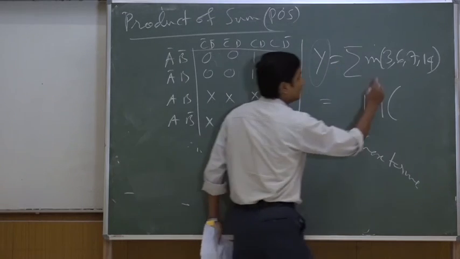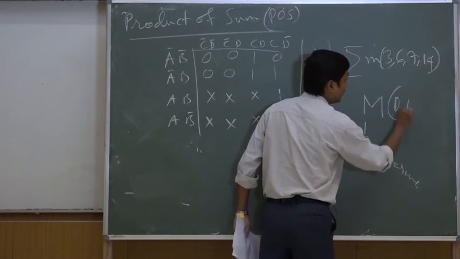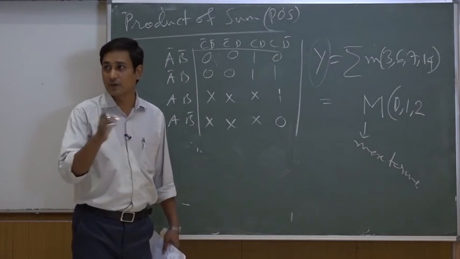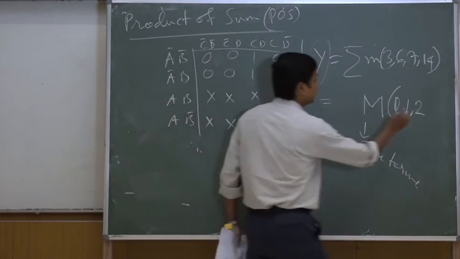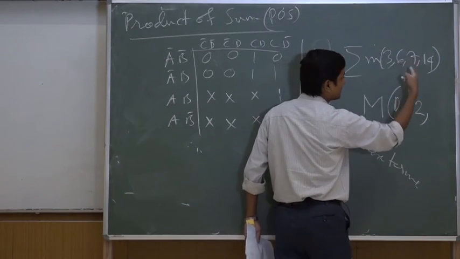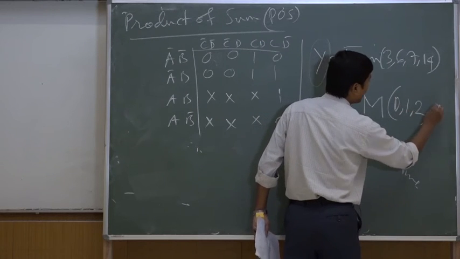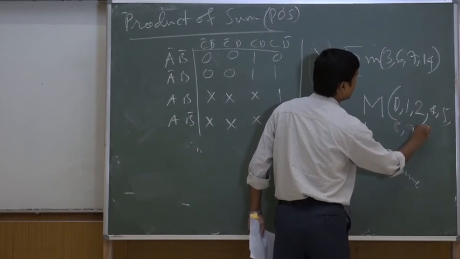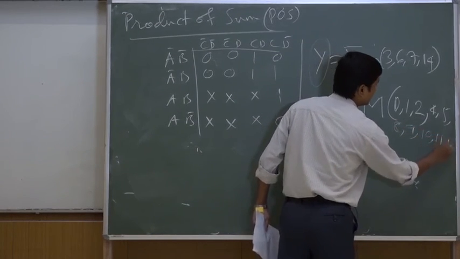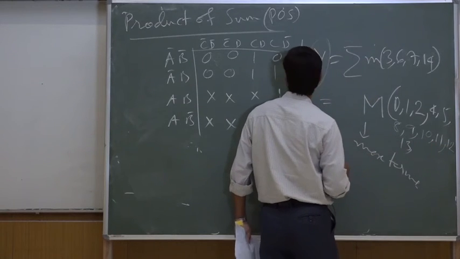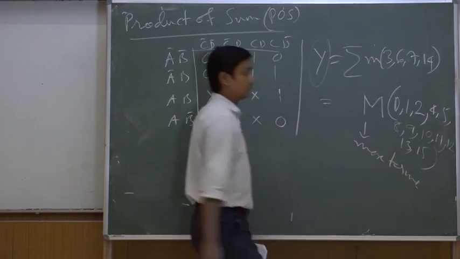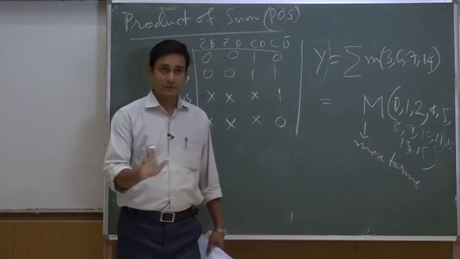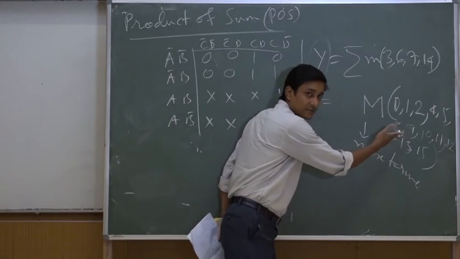Who are they then? 0, 1, 2, because 3 is found there, similarly 6, 7 is there, 4, 5, then 8, 9, 10, 11, 12, 13 and 15. Say don't cares are considered 0. So, these are the max terms.